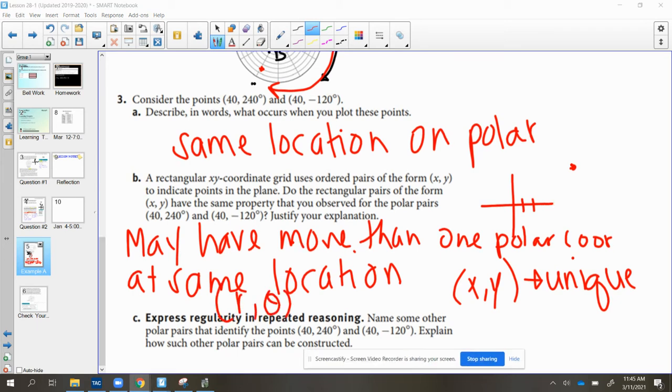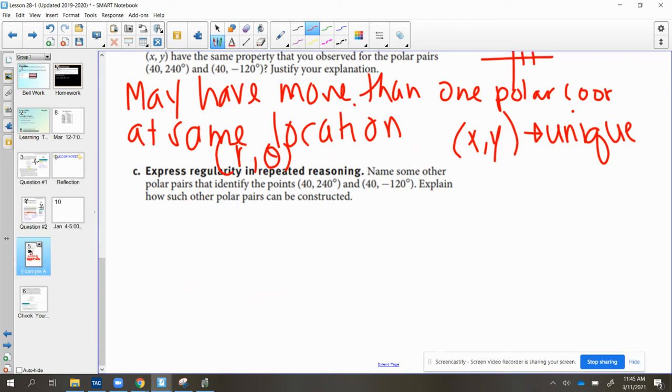And again, it goes way back to activity 14. Remember, I said so much that the idea of a coterminal was so important, because it goes back to that idea that we can keep adding or subtracting 360 to these to get more equivalent coordinates.